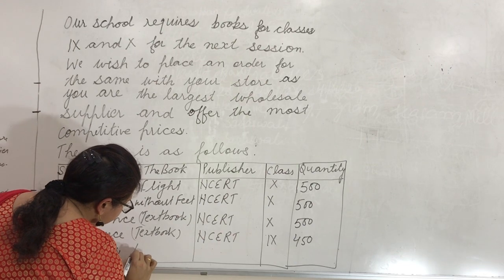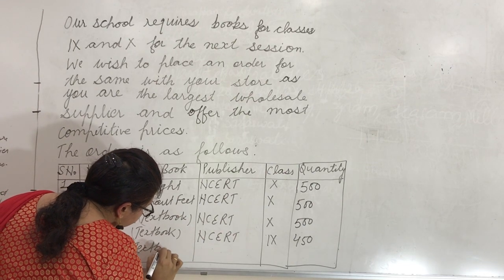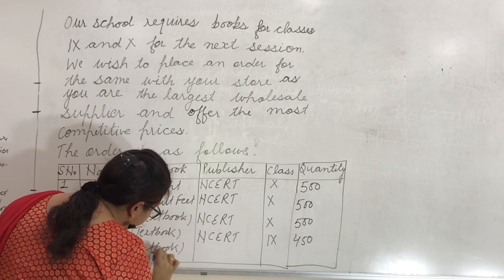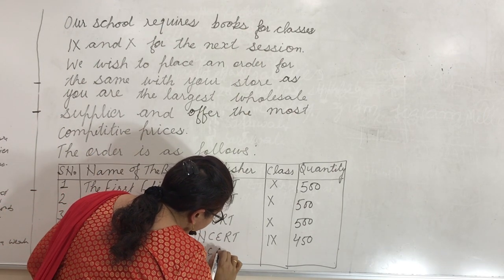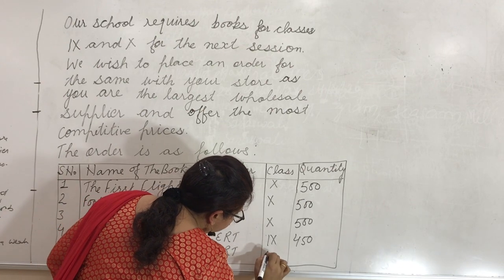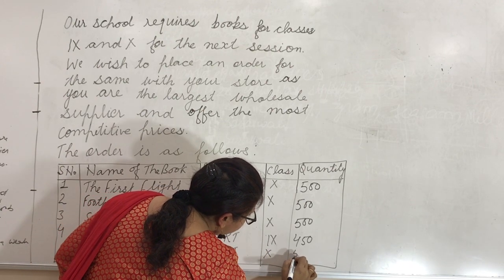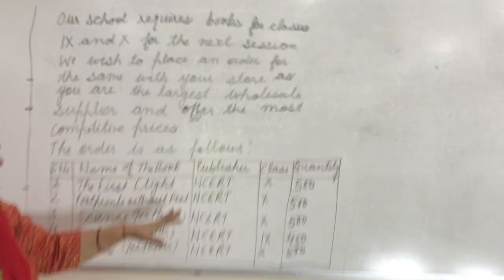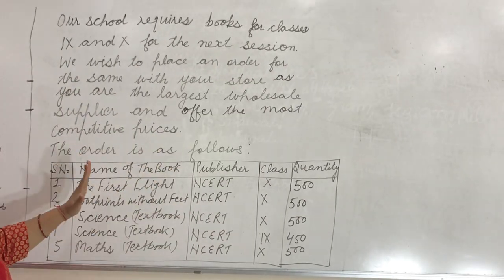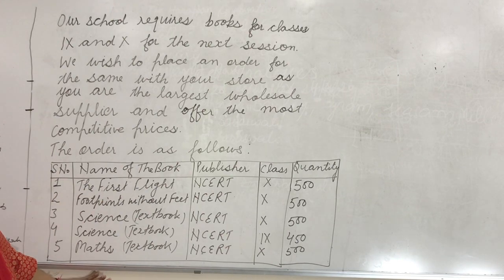Book number 5. Maths textbook. NCERT. Class 10. 500. So what you have observed is that I have written here the names of 5 books.